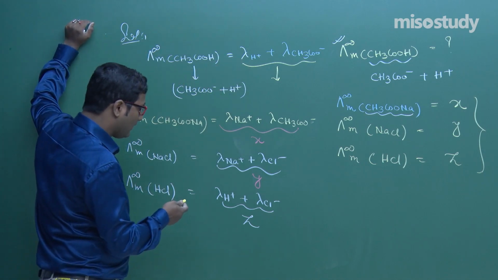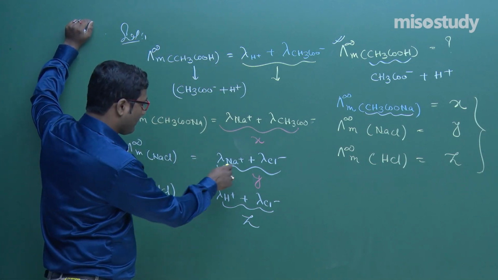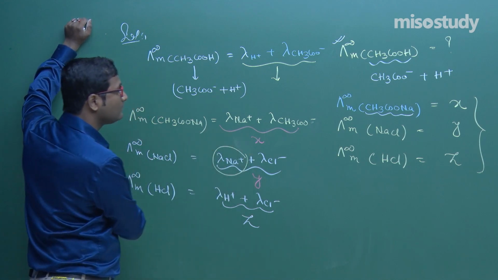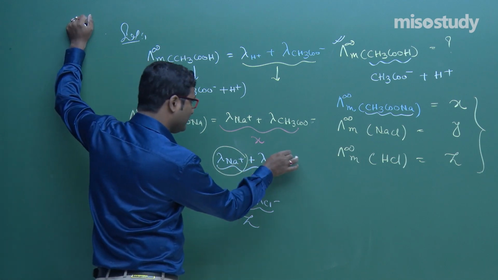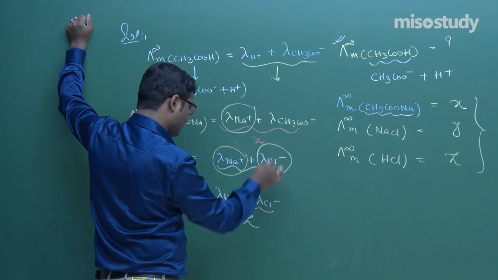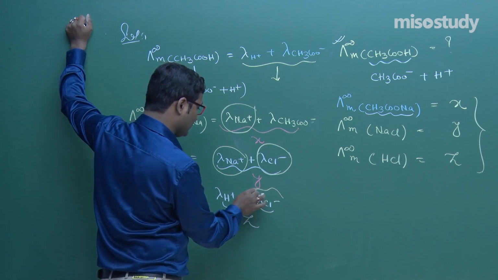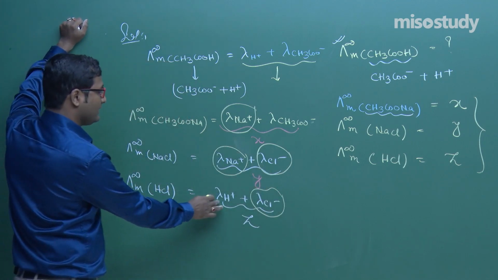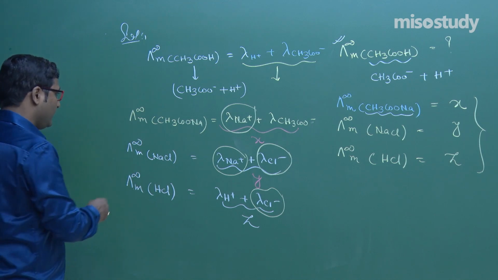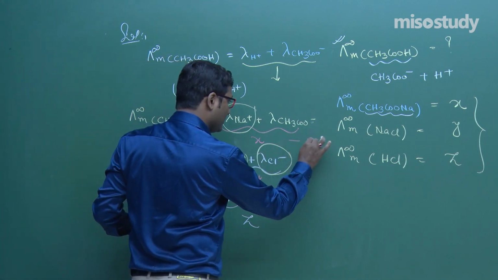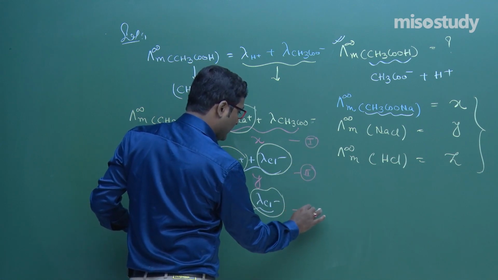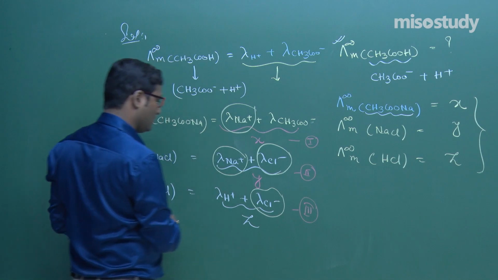If you remove this one and this one and this one and this one, then how we will reach here lambda? How to remove them? Then tell me, friend. Mark it as equation 1, mark it as equation 2 and mark it as equation 3.